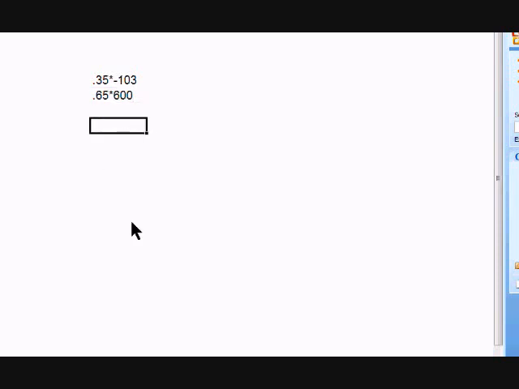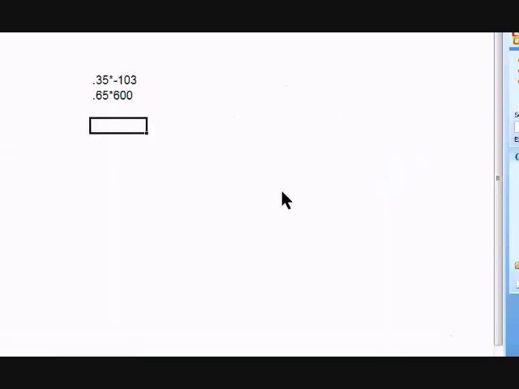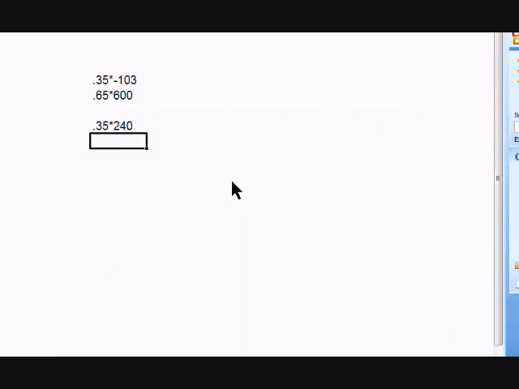And at the bottom of our tree, we had 35% of negative 240. 0.35 times 240. And obviously, you could do this with pencil and paper. 65% times 900. 0.65 times 900.